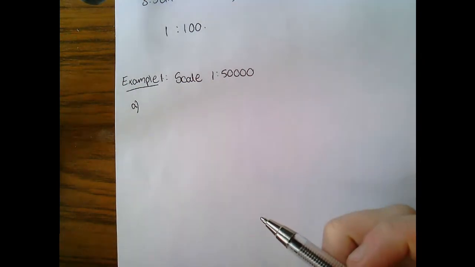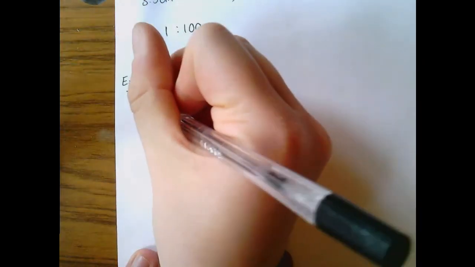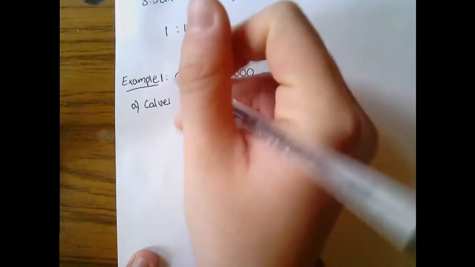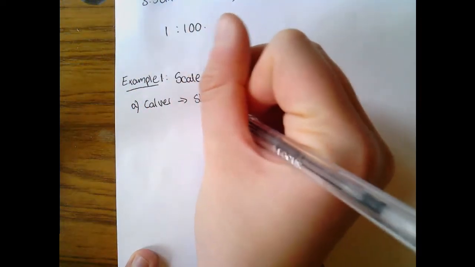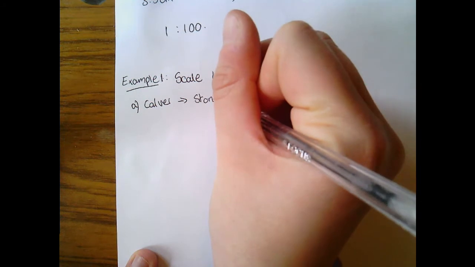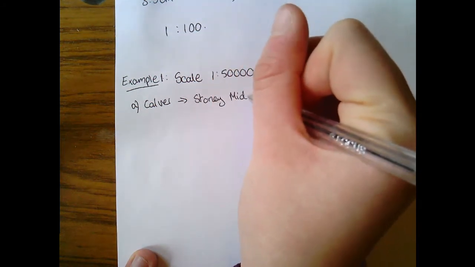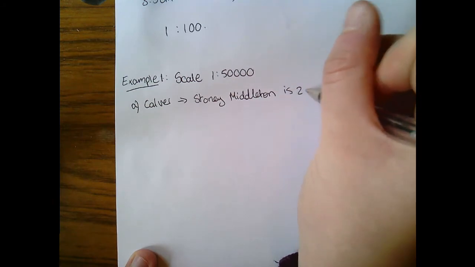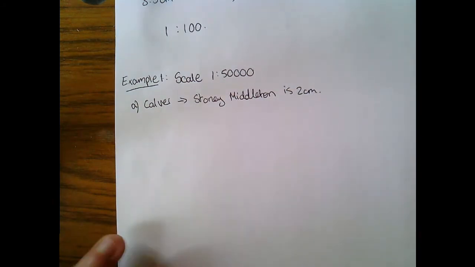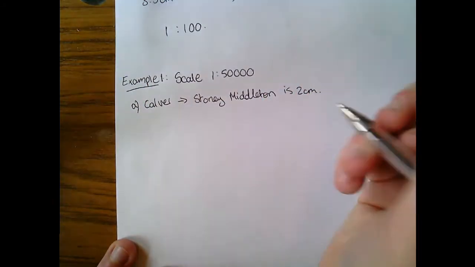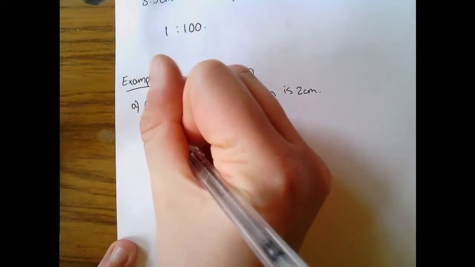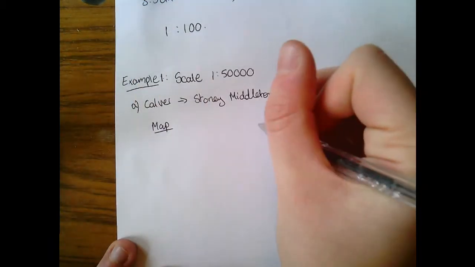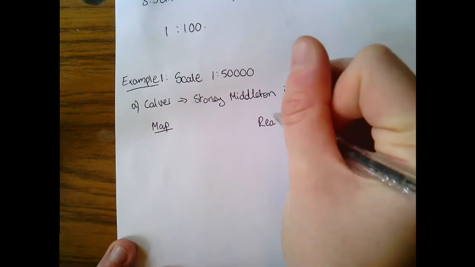On the map it is 2 centimeters. So Calvert to Stony Middleton is 2 centimeters. We always use our titles, map and real world.